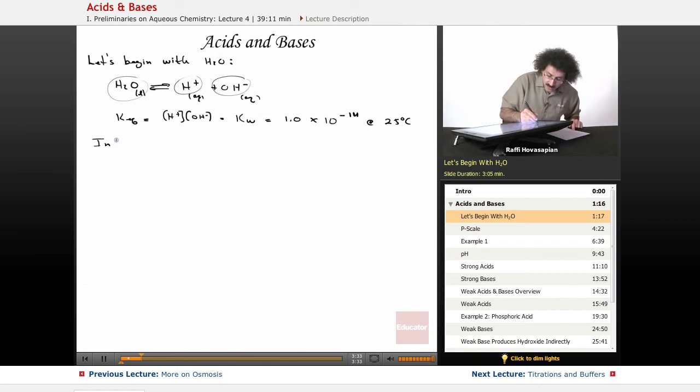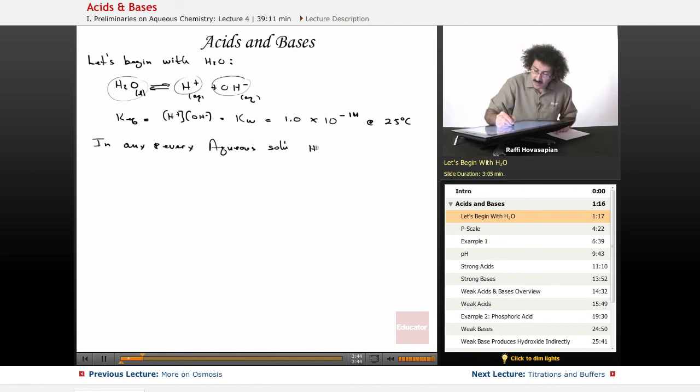Now, in any and every aqueous solution, the hydrogen ion concentration times the hydroxide ion concentration has to equal 1.0 times 10 to the negative 14.